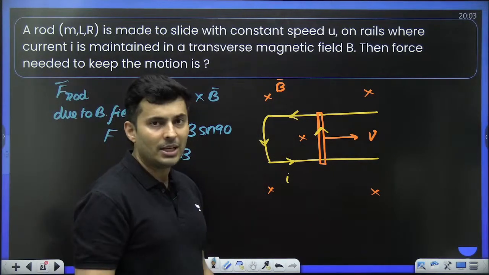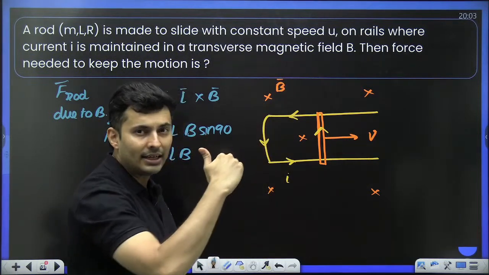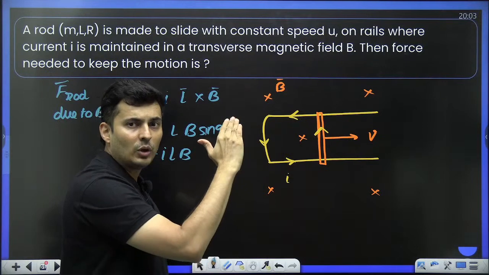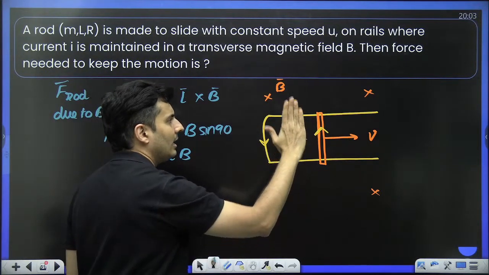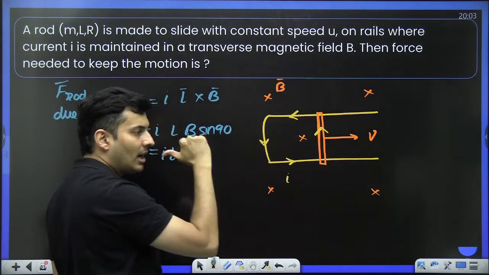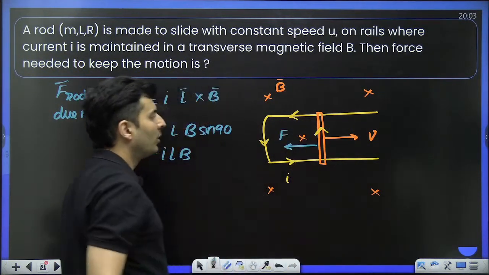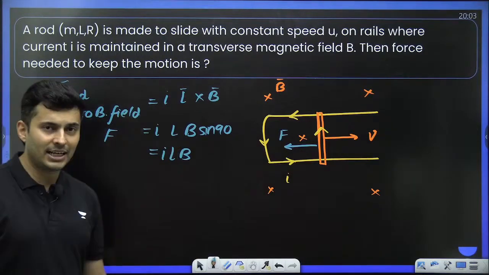Which direction will it be? Length is on the top, magnetic field is inside. If you do L cross B, length up, magnetic field inside, the thumb goes towards the left. So won't this force be towards the left side?